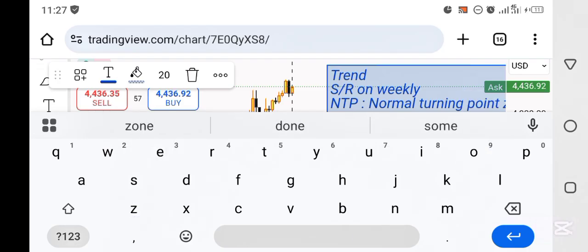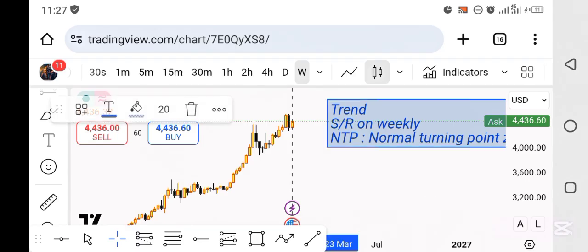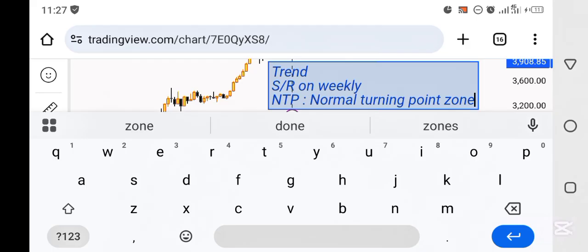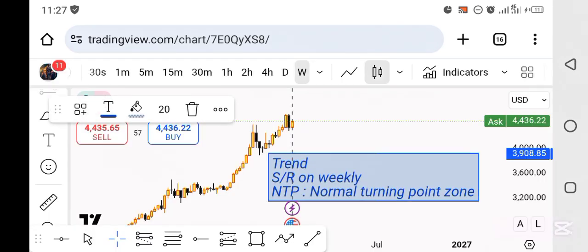That's what we mean by NTP. I'm talking about the normal turning point zone in the market. So these are the three things I look out for.